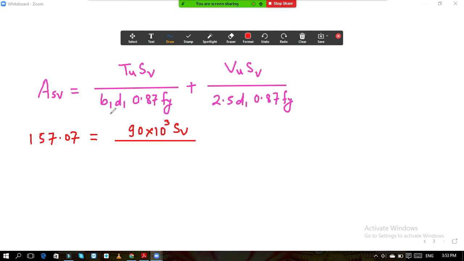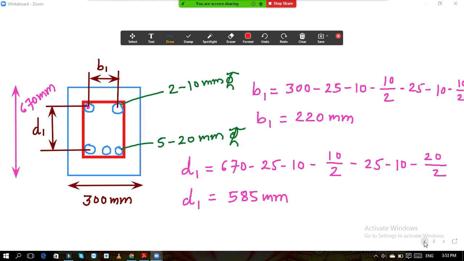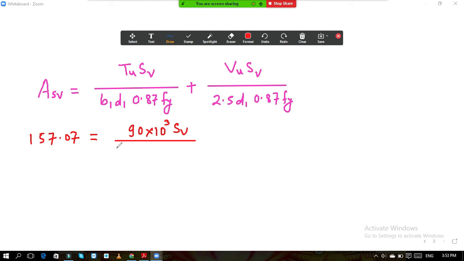Then here B1 D1 0.87 FY. So the values of B1 and D1 are 220 and 585. So it is 220 into 585 into 0.87.